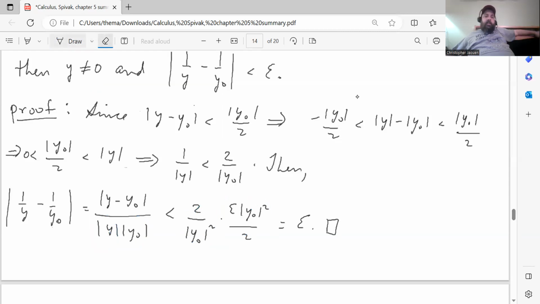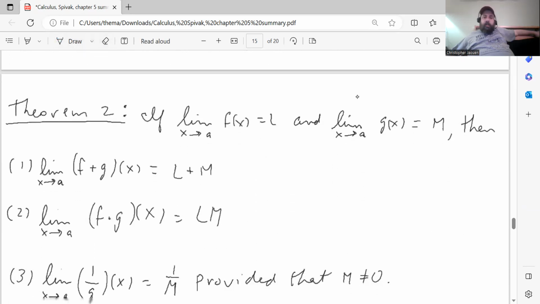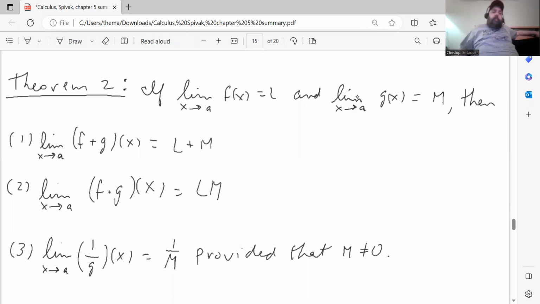All right, so with these lemmas, now we can prove theorem 2, which I'll show you right now. Theorem 2 says if the limit of f of x equals L as x approaches A and the limit of g of x as x approaches A is equal to M, then there are three things.